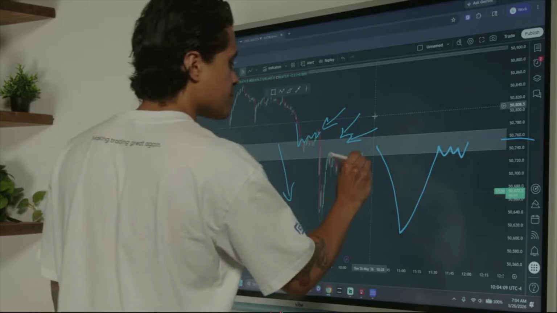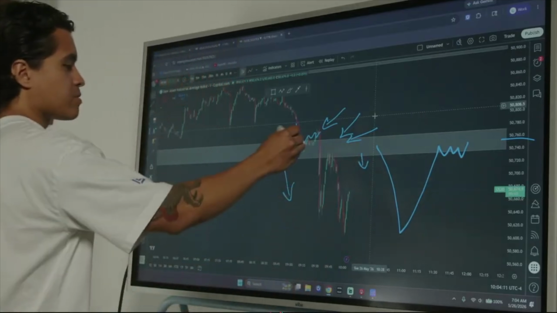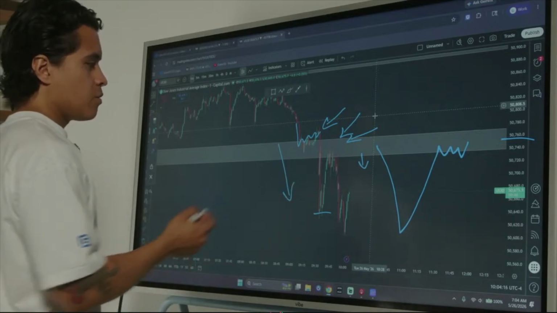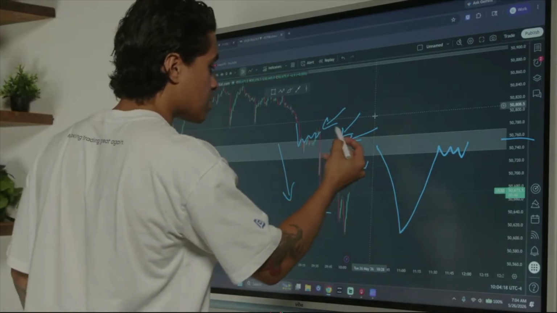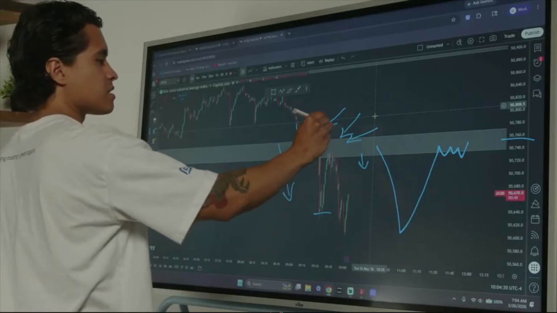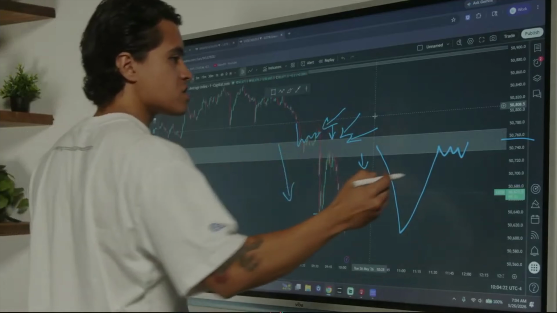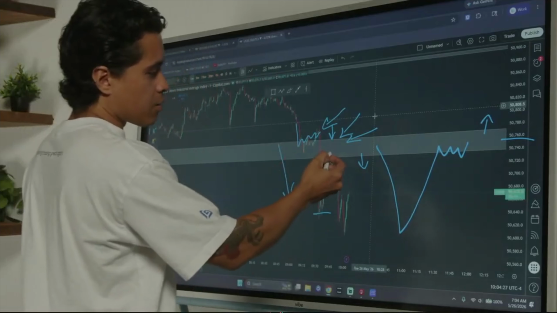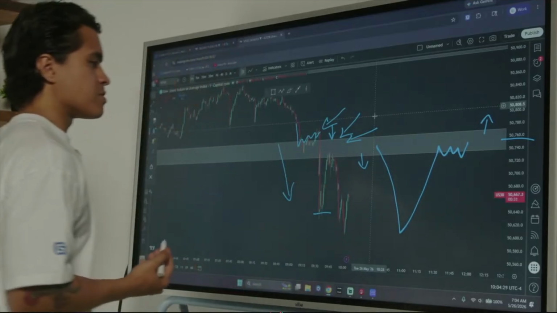As long as you maintain below that zone, the possibility of seeing a retest of these lows increases, and that's what we saw right here. We saw candles failing to trade or really close above, still signaling sellers were more active at this area, no signs of buyers stepping in above the zone. So it was a clean break and retest off that zone, and right now you're still continuing.